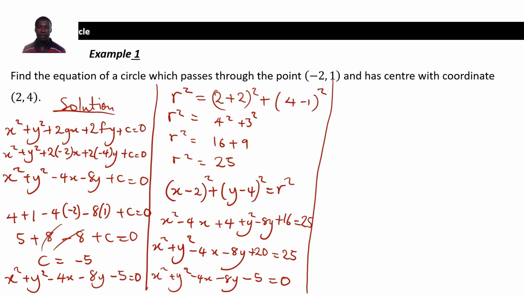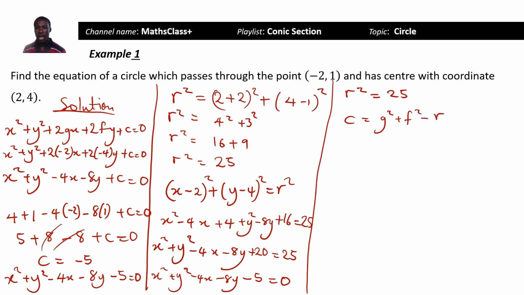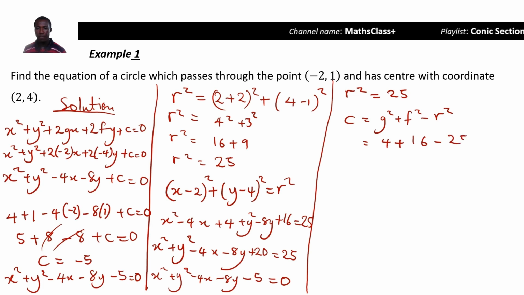Or if you like, when you get the value of r squared as we obtained as 25, you can go ahead and find the value of c. And we know c is equal to g squared plus f squared minus r squared. So that gives me 2 squared, which is 4, plus 4 squared, which is 16, minus r squared, which is 25.